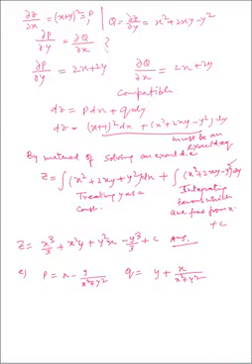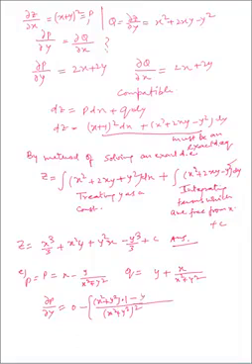So del p over del y: this term is 0, then denominator whole square, then (x square plus y square) into the differentiation of numerator minus numerator into differentiation of denominator, which is 2y.